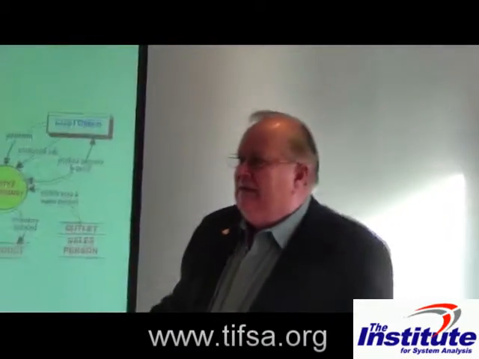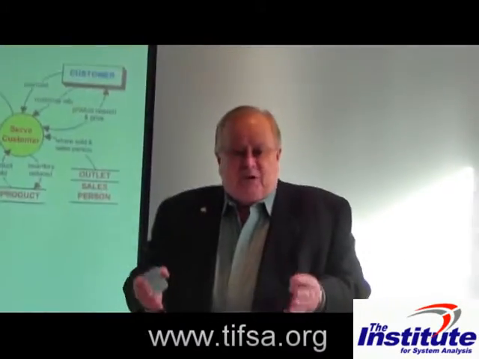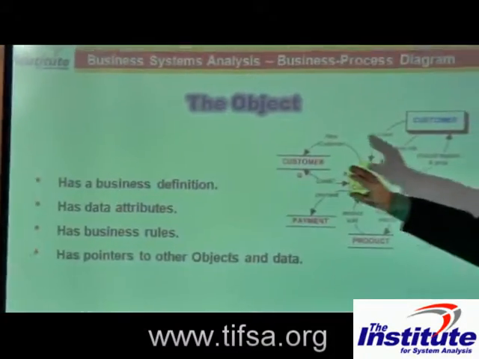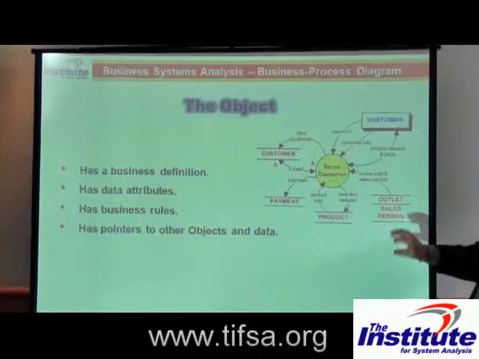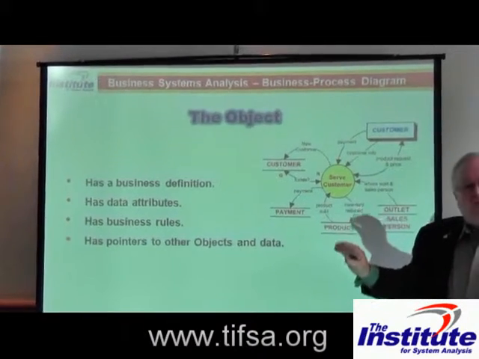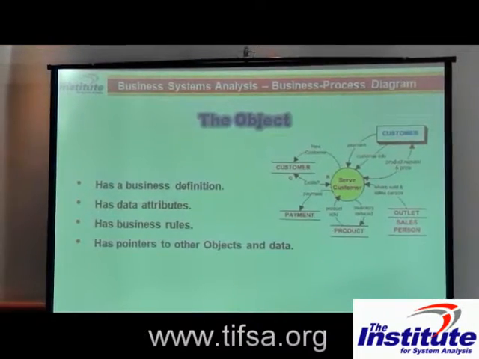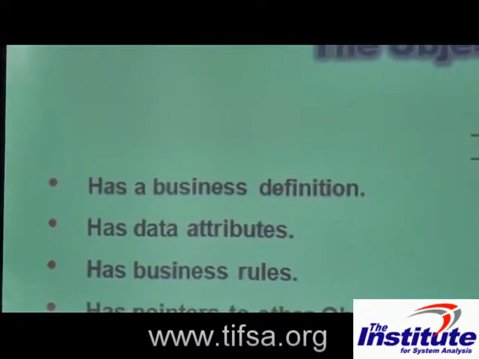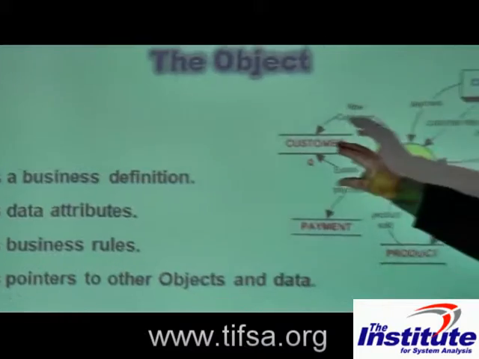and take a look at the components that make up the business process diagram. First of all, there are objects such as customer and payment and product and so forth. And each object has to have a definition. We have to say at some point in time, what is a payment? What is a customer?